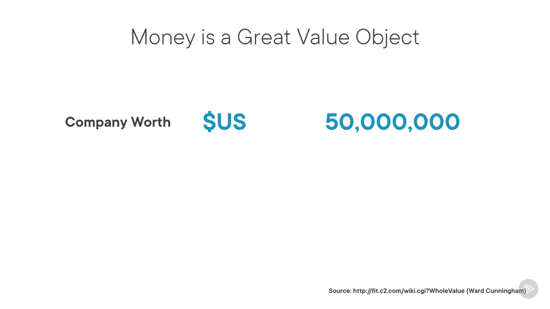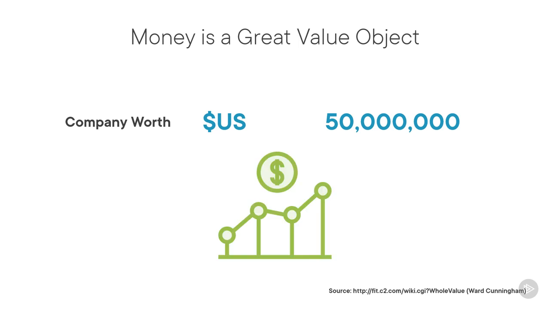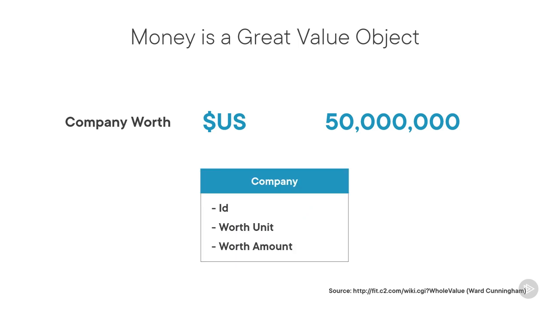There's actually one more factor to take into account, the point in time of this $50 million, because of the way financial systems work and the fluidity of monetary values. We could still just have the two properties in this company class, but by creating a value object, you also protect and constrain the measurement. For instance, we might have a class called company.